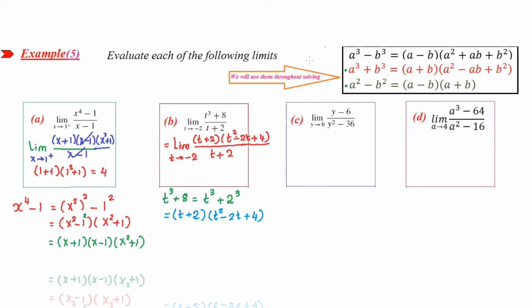Then you have to cancel the common between numerator and denominator, and you have to replace t by negative 2. So we have negative 2 square minus 2 times negative 2 plus 4, which is equals 4 minus 2 times minus 2 equals plus 4 plus 4, and the final answer is 12.